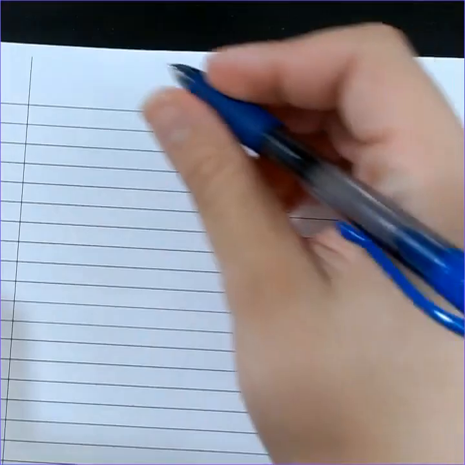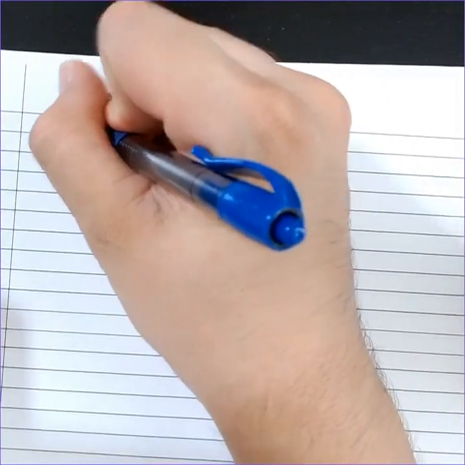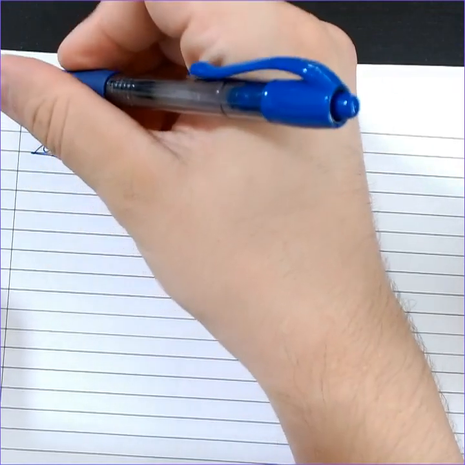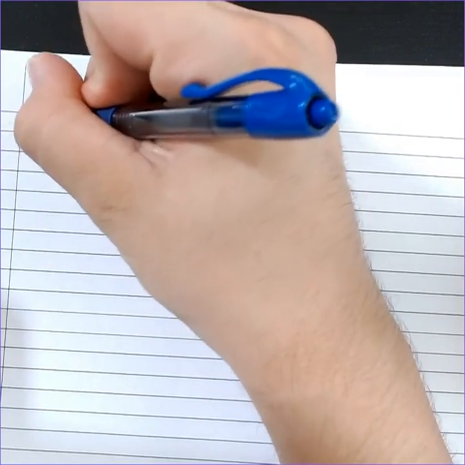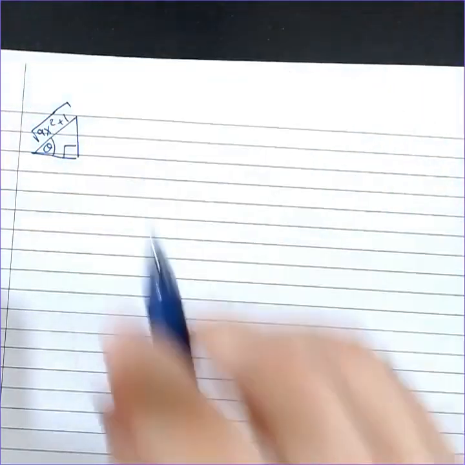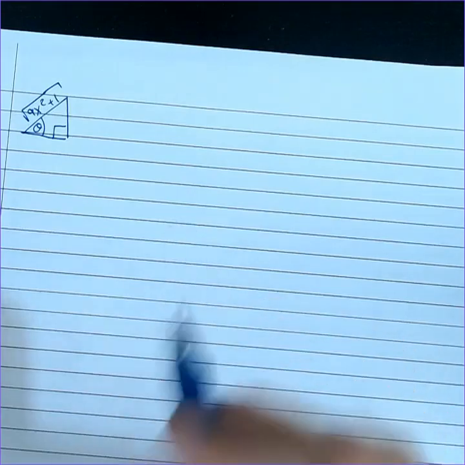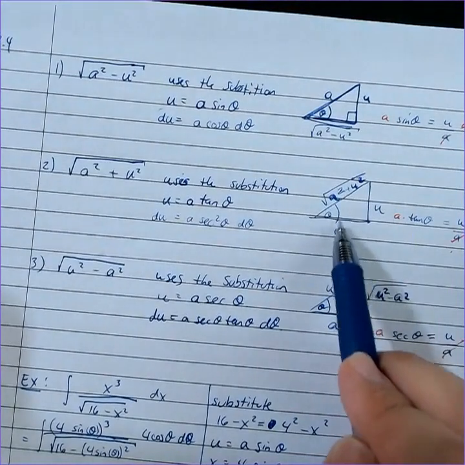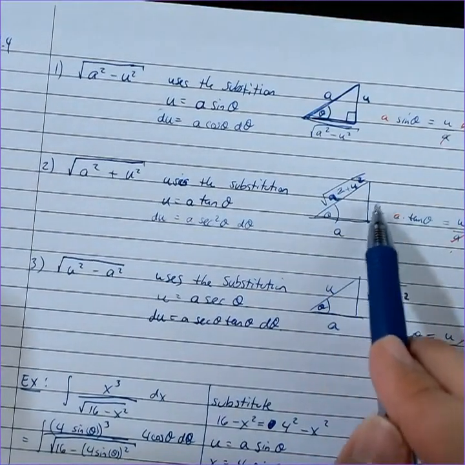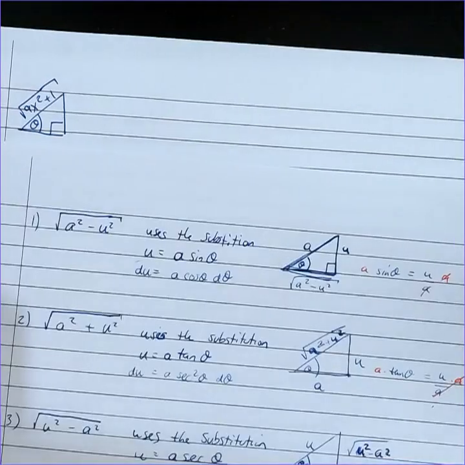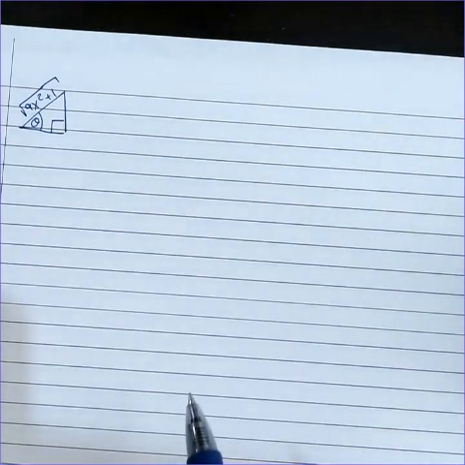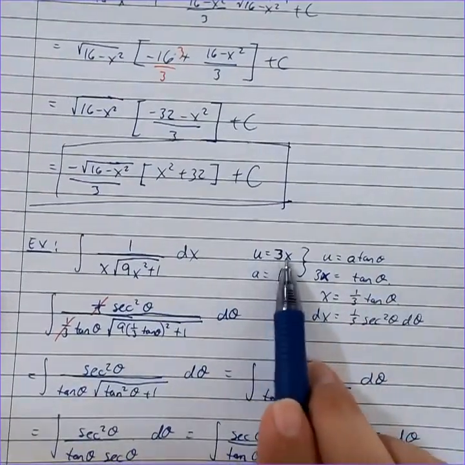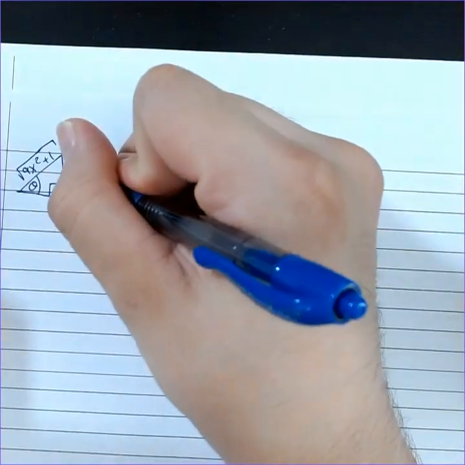So I would have a right triangle with an angle theta. That expression, square root of 9x squared plus 1, goes there. And then we would have u and a. Note that for our problem, u was equal to 3x, so that'll go here.